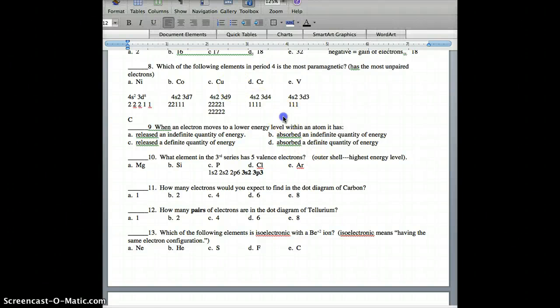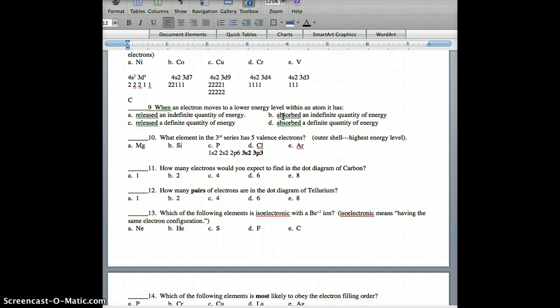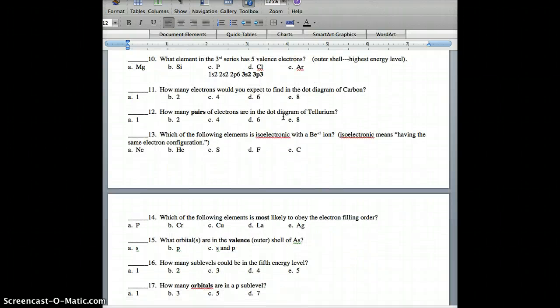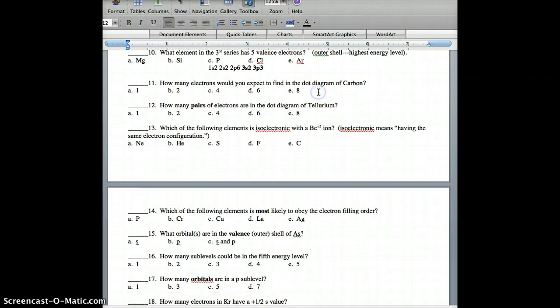So here we go with the next set of questions. Number 11, the number of electrons in the dot diagram of carbon. Dot diagrams include valence electrons only.